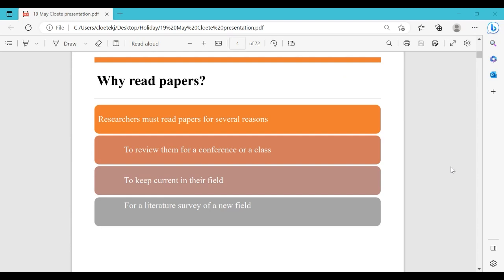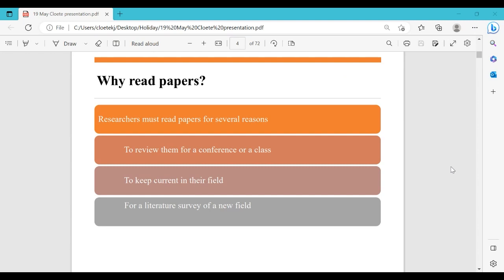We may want to review a paper for a journal club, for a conference, or for our supervisor. Most importantly, we want to keep current in the field. We want to know what is going on, what is being published, and where the gaps in knowledge are that my research can fill.